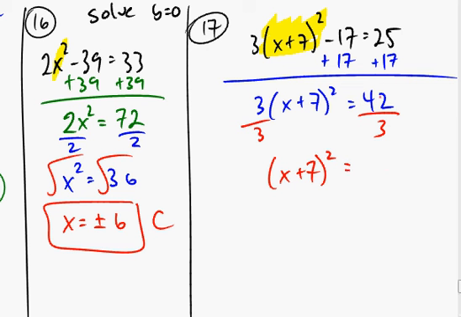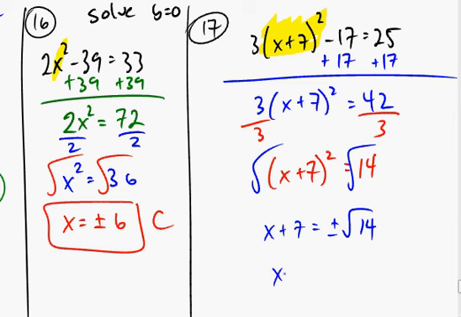Ian, what's 42 divided by 3? Okay, Rebecca, what do I do now? What should I do now? Right? Subtract 7. And that is D.